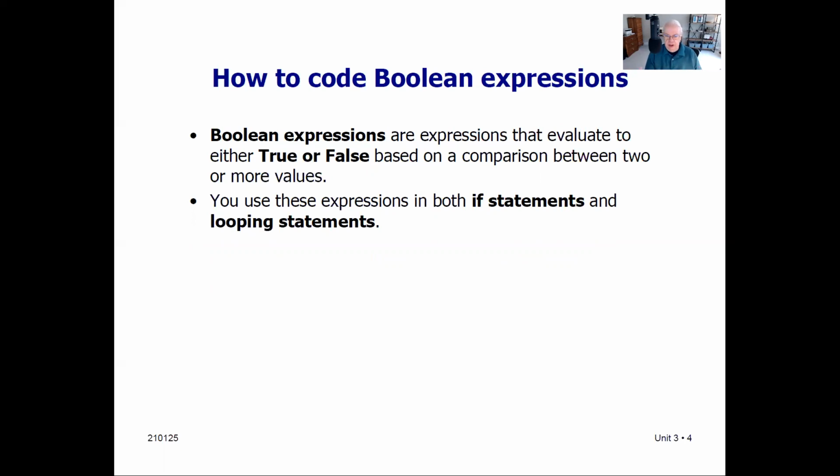Like a light switch, it's either on or off. Okay, it's a very simple comparison. So we compare A to B. Is it equal or is it not equal? That's a simple Boolean expression. Okay, so you use these expressions in both if statements and looping statements.